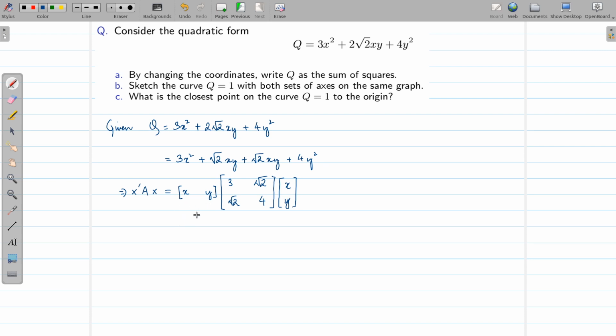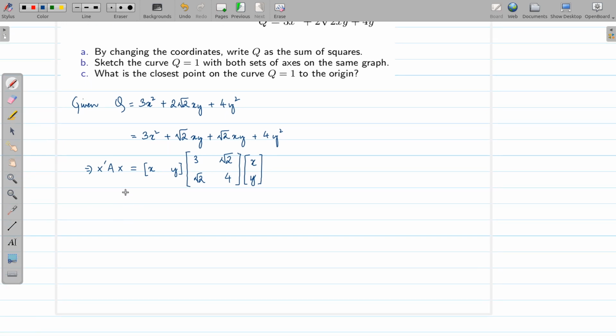Once we have got this, by the principal axis theorem, with a change in the coordinates, let's say from x and y we go to x tilde, y tilde, we can write down the same form in terms of the eigenvalues.